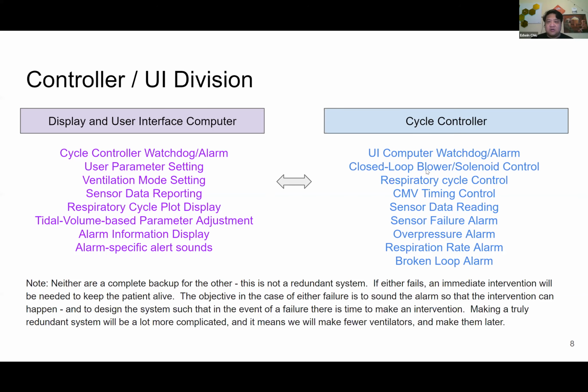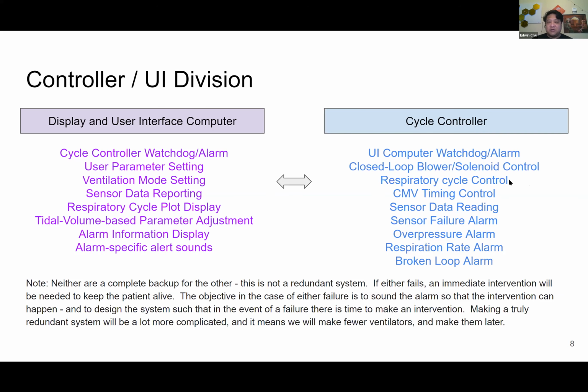Down on the cycle controller, the tasks include watching the UI computer. So it's a mirror of this other task, watching the UI computer and sounding an alarm if it stops responding. The closed loop control of the blower and solenoid, that's the immediate real-time control loop for those components.